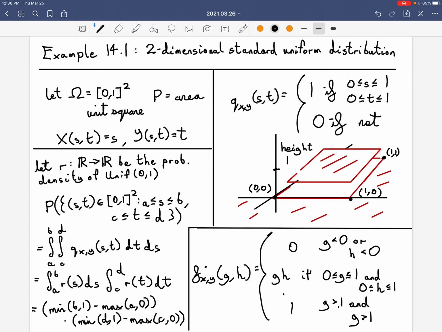Okay, and so you can see on the lower right, I have the cumulative distribution function of the two-dimensional standard uniform distribution. What this function looks like is it's 0 if the upper bound is too small to fall under the shadow of my table.